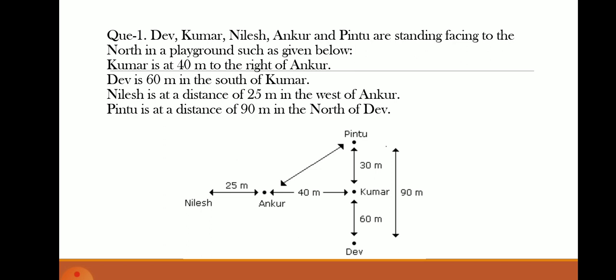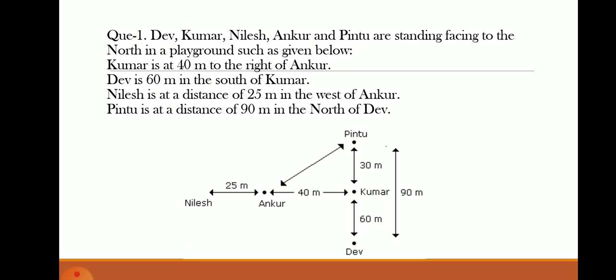From Ankur 25 meter west, that means towards the left hand side, Nilesh is there. One thing is already given in the first sentence, that all are facing towards north. Therefore if Ankur is facing towards north, his left will be the west direction. So in the west direction 25 meter Nilesh will be there.